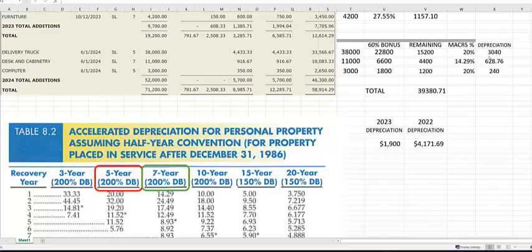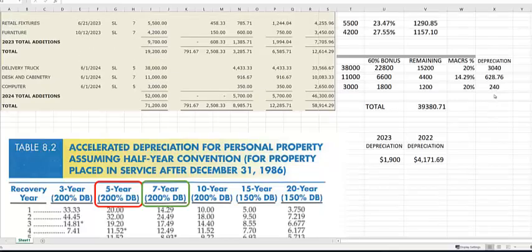So we get a depreciation deduction of $628.76. The last item has a 5-year life. So that's year 1 is 20%. The remaining basis is $1,200. That's the $3,000 minus the $1,800 bonus depreciation times the 20% is $240.